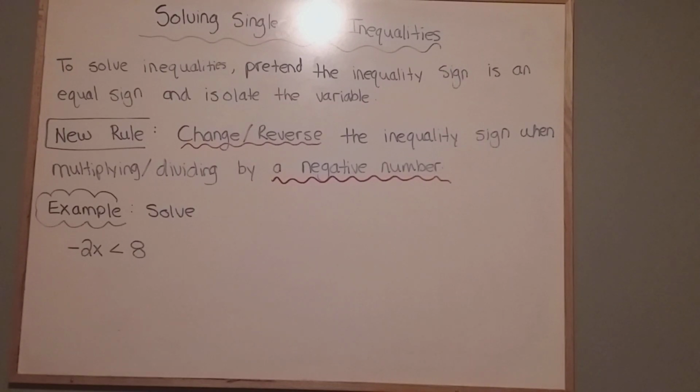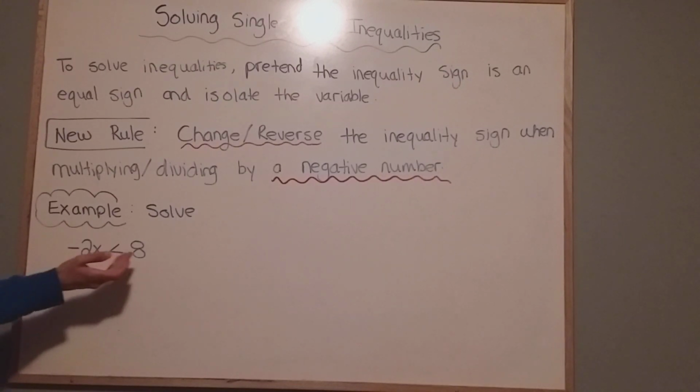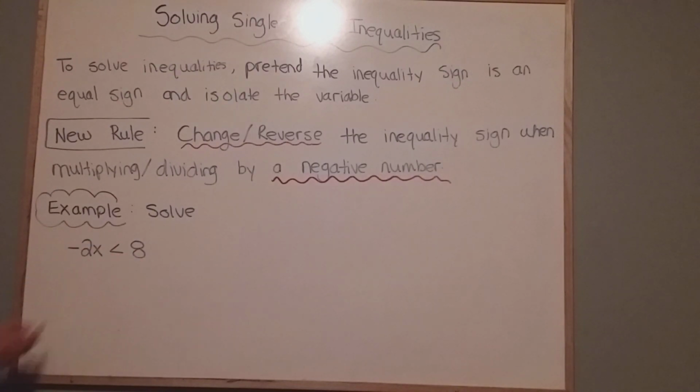And this new rule is you can change or reverse the inequality sign when you multiply or divide by a negative number. So what do I mean by that? For example, say you have a question that says solve negative 2x less than 8. We're going to solve this question pretending that's an equal sign. First step is to get x by itself.